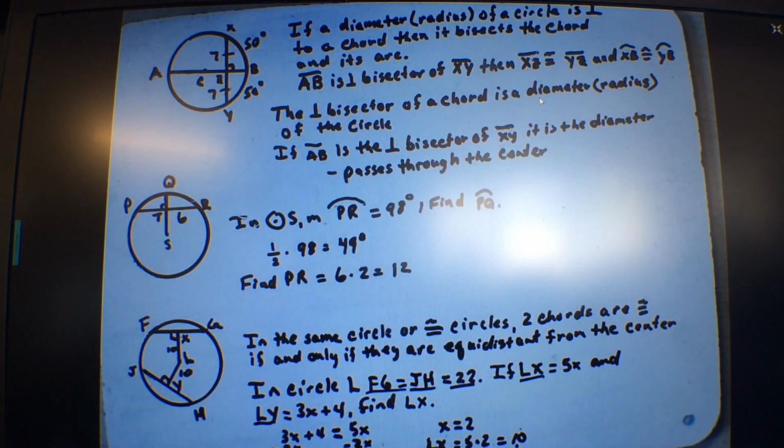All right. That is the last theorem on this section. I want to take a look here now at a couple problems. And drawing circles is always fun. I'm looking at number 13 on your assignment.